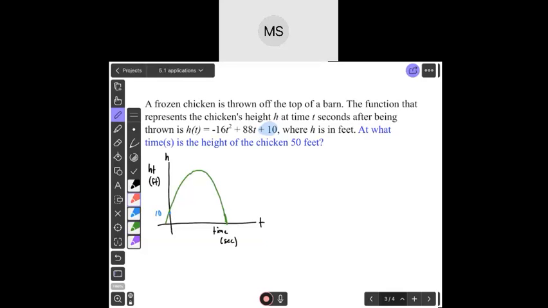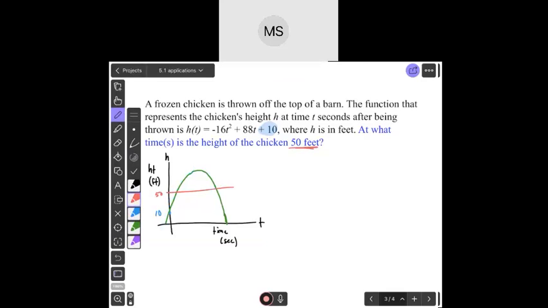So what's happening here with this 50 feet thing, or at what times is the height of the chicken at 50 feet? So basically there's a couple different options. If 50 feet was here, we'll say that line, right? When does the chicken cross that line? So it's moving up, hits 50 feet, keeps going, comes back down, hits 50 feet again, okay?